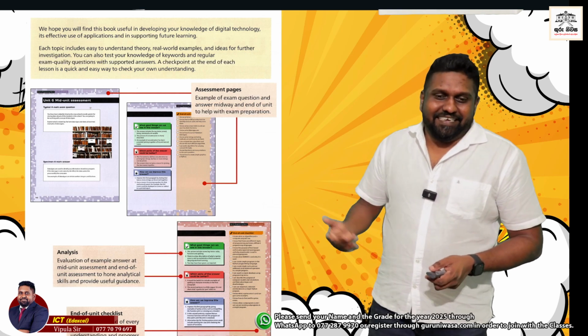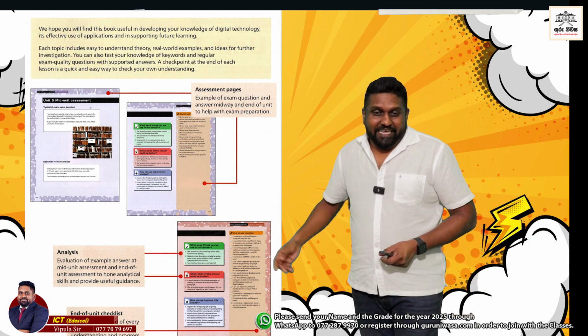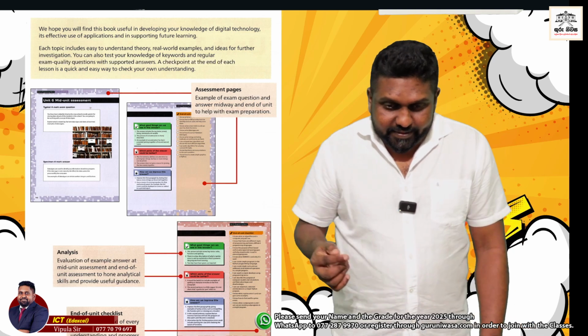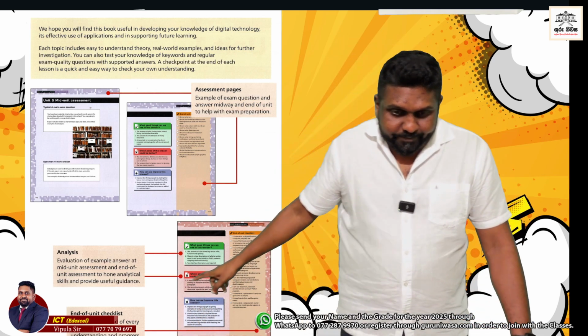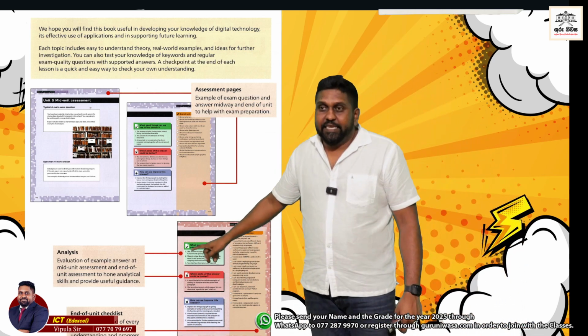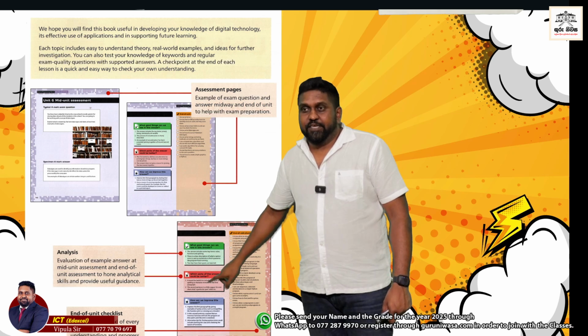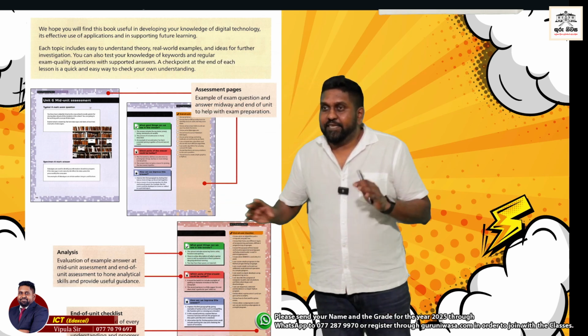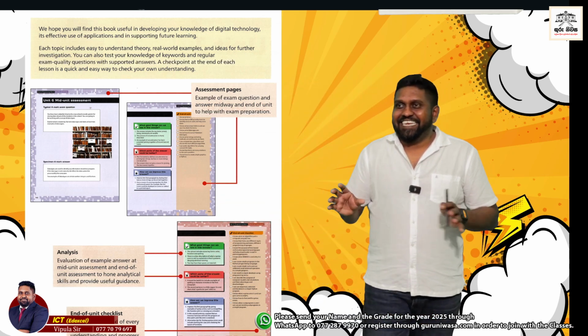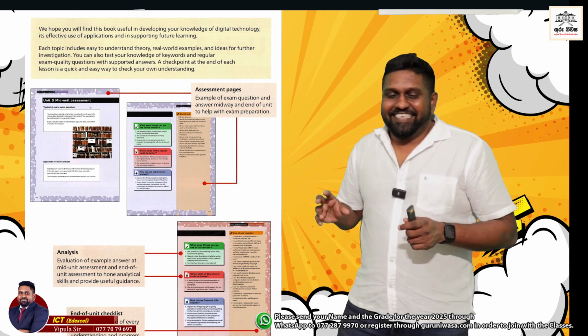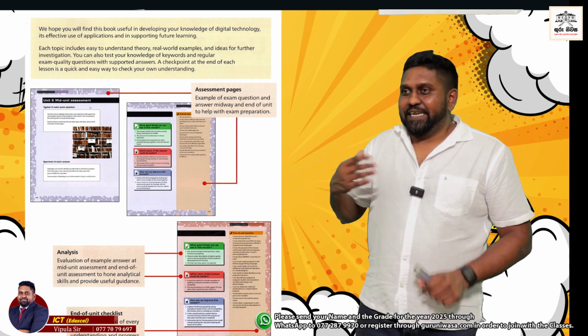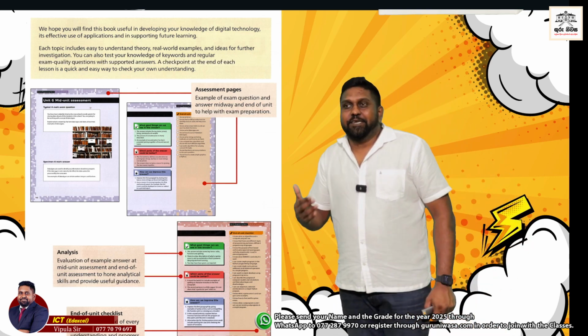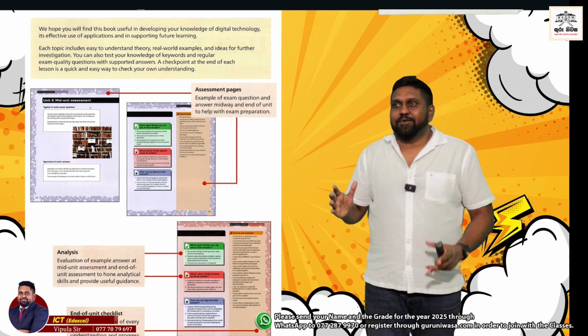So it happens sometimes. And at the same time, in these assignment pages, you will have the analysis and the end of unit checklist. These two are also there. It looks complex like this, but otherwise there's a lot of fun in it. The reason these points are there is for you to analyze yourself and make sure that you're on track.